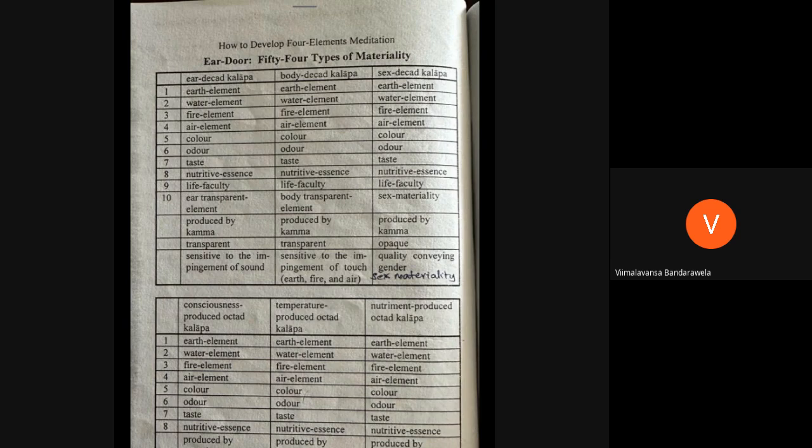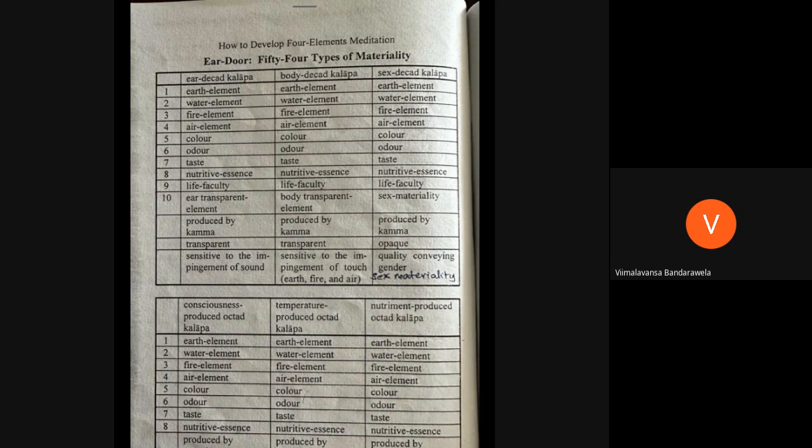So you can see this is also opaque rupa kalapa. Only panchapasada rupa, or panchapasada rupa kalapa only, are transparent. Other all materiality are opaque. So you need to understand this thing. Only Chakkhu Dasaka Kalapa, Sota Dasaka Kalapa, Ghana Dasaka Kalapa.